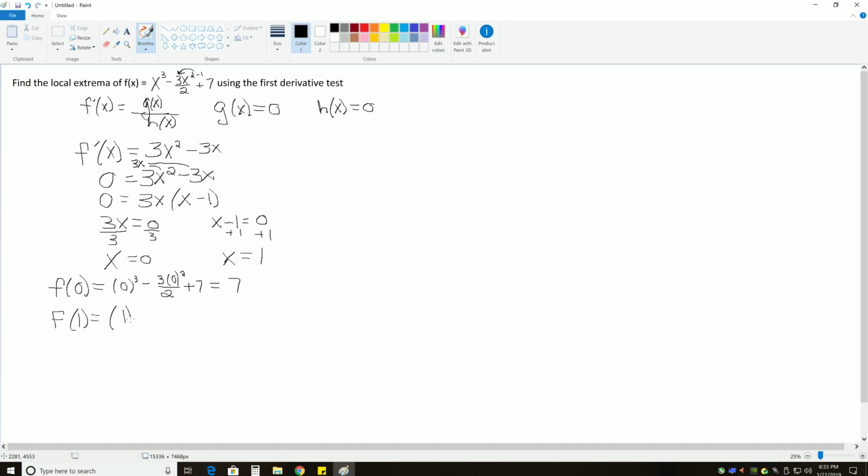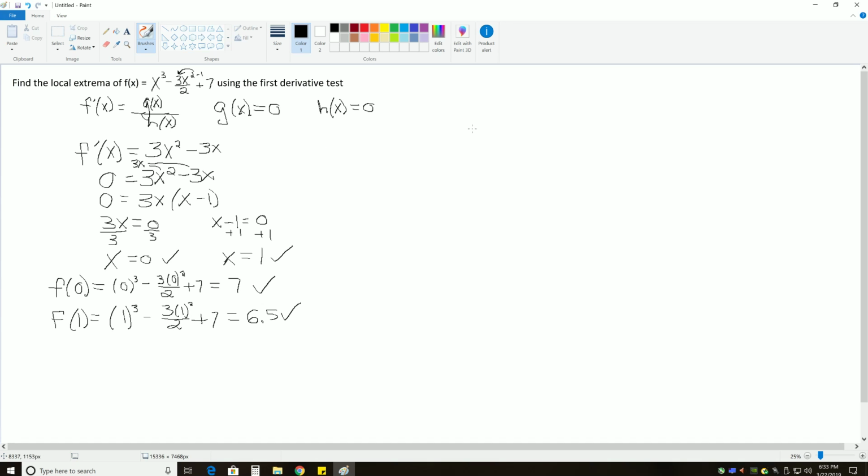Then we're going to plug in our 1 to get 1 cubed minus 3 times 1 squared over 2 plus 7, which ends up giving us 6.5. So at this point, both of these are real numbers, which means both of these partition numbers are critical numbers. So we can use both in the first derivative test.